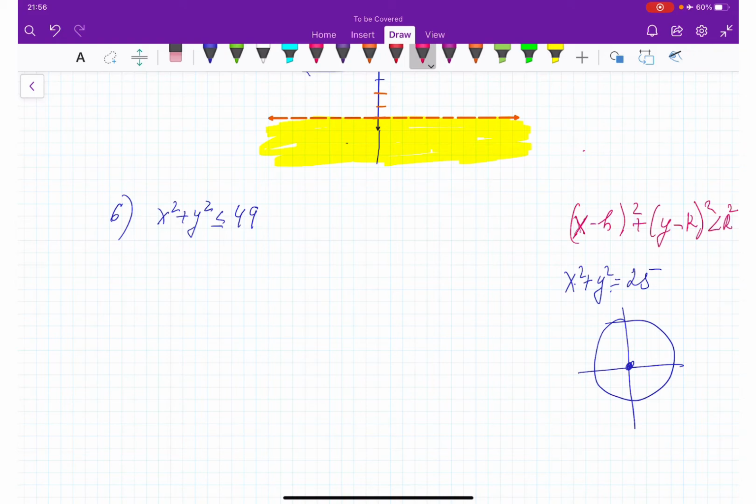So when we have y squared plus x squared, that means this is 0, this is 0. That's why we have, if it's 0, that means 0, 0. That means the center of the circle is in the middle. And 25, which is the square root, is our radius. It's going to be 5. Okay, which means for this one, we are going to draw the graph.